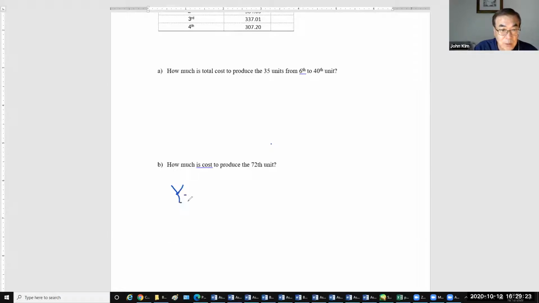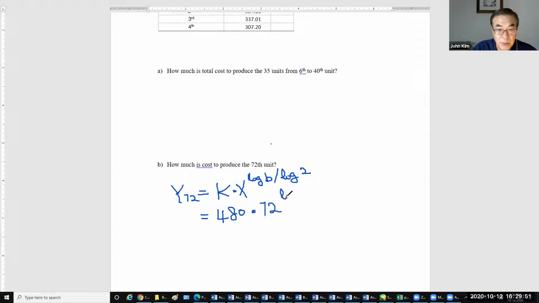Y 72 equals K times X to the power of log B divided by log 2, equals 480 times X, where X is the 72 unit number, and log B is log 0.8, divided by log 2.